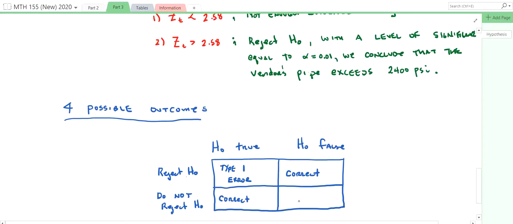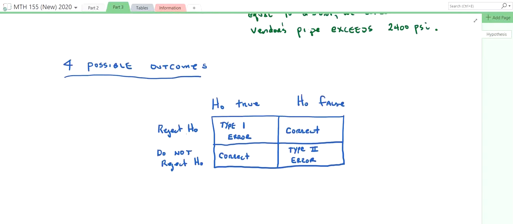And perhaps we did the other thing where we did not reject the null hypothesis, but the null hypothesis actually was false. Then we created a type 2 error, or we perpetrated a type 2 error.